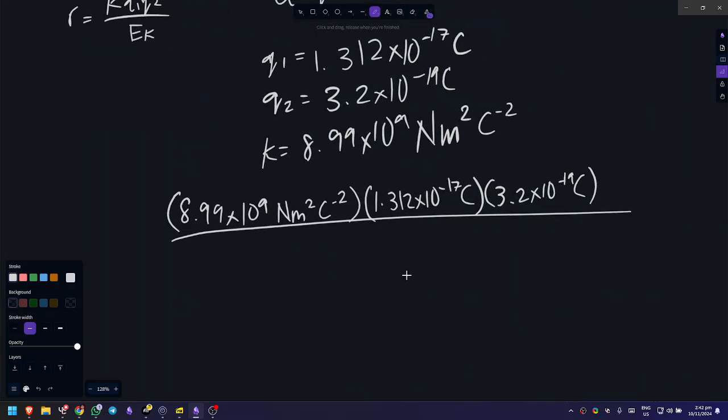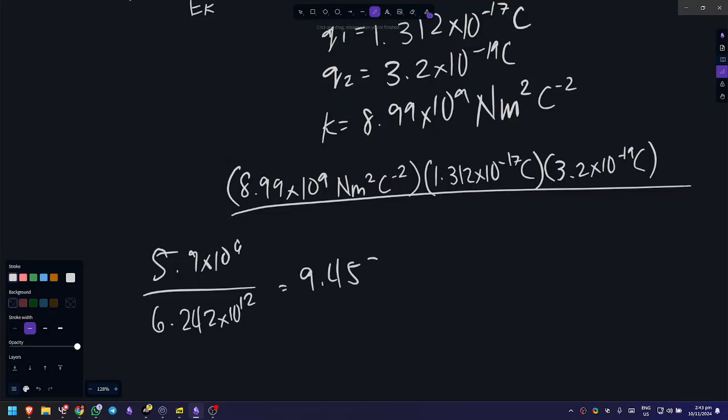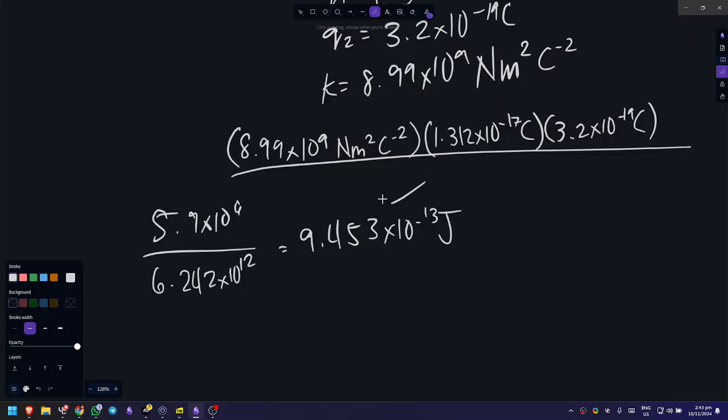Converting that to joules, we take 5.9 times 10 power 6 and divide by 6.242 times 10 power 12, which gives 9.453 times 10 power minus 13 joules. So that is what goes here.